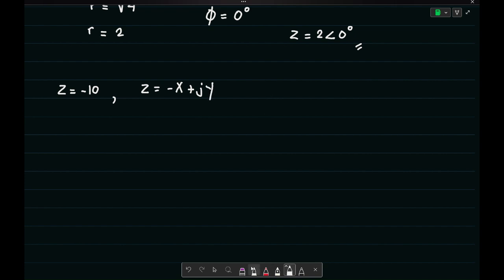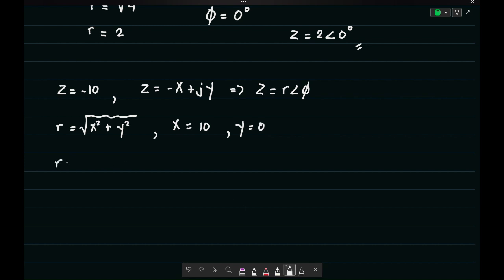To convert that into its polar form, z is equal to r angle theta or phi, where r is equal to the square root of x squared plus y squared. For x now, it is equal to 10 and y is equal to 0.